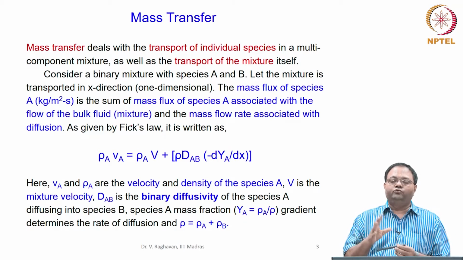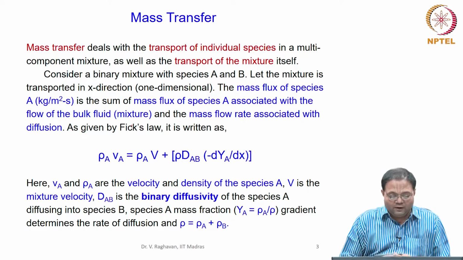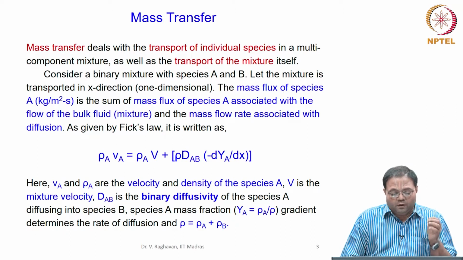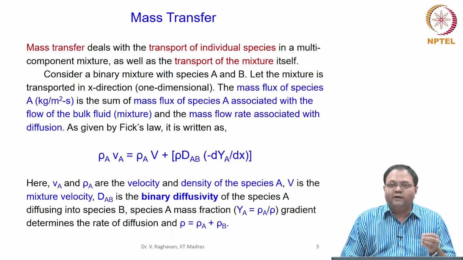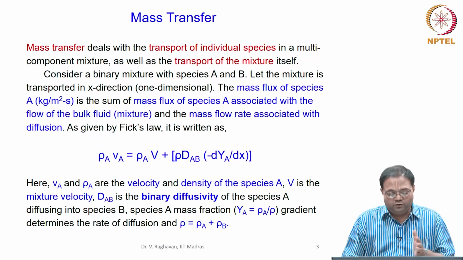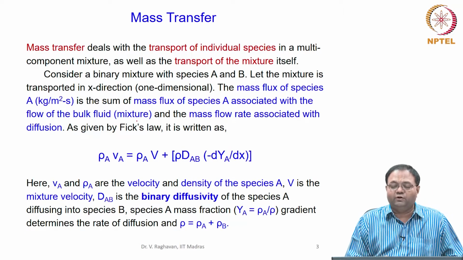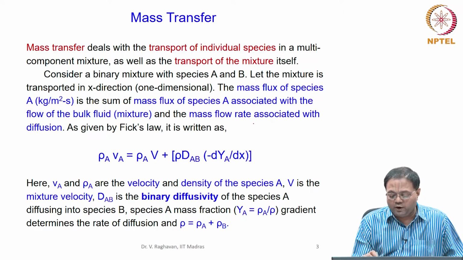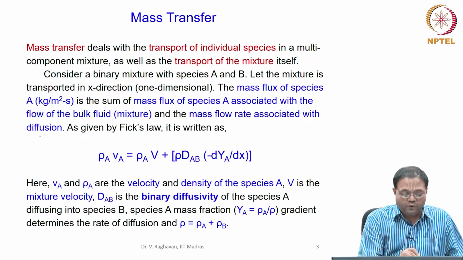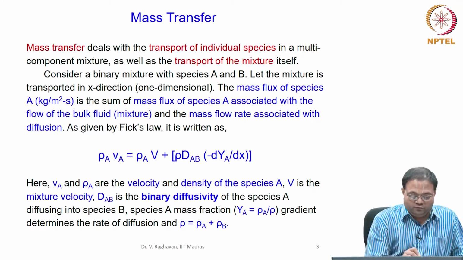A and B constitute the mixture, which is flowing at velocity v, and species A is transported along with the mixture, so it has a contribution due to the bulk velocity. That is the bulk fluid motion, one component. The second component is the mass flow rate associated with diffusion. So what is diffusion? That is what we are going to see now.